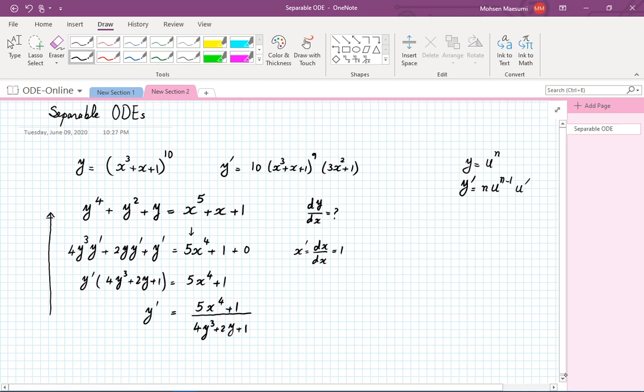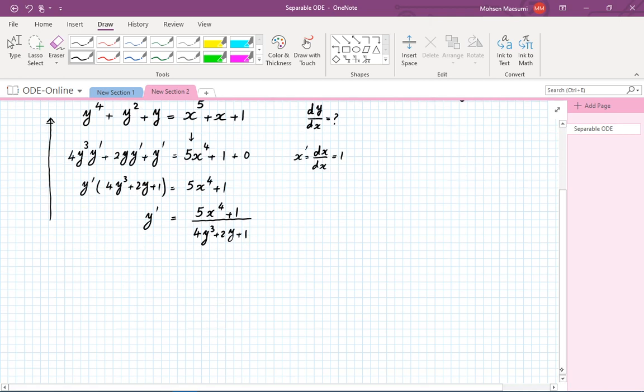So notice how the answer looks in this case. I have a function of x here and a function of y here, and I am multiplying or dividing them, and on the other side I have y prime.